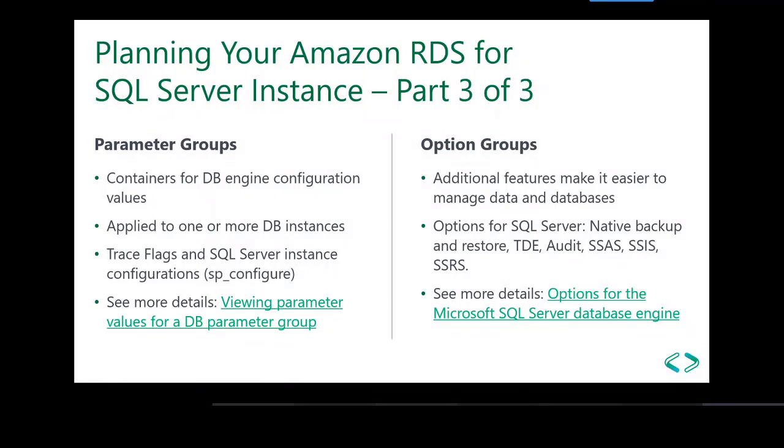You can think of this as additional features to manage data and database options for SQL Server. In this case, again, the native backup and restore, and options such as TDE, audit, SSAS, SSIS, and SSRS. As of right now, it has limited options. Of course, AWS is making more changes. In the future, you're definitely going to be able to see more options.